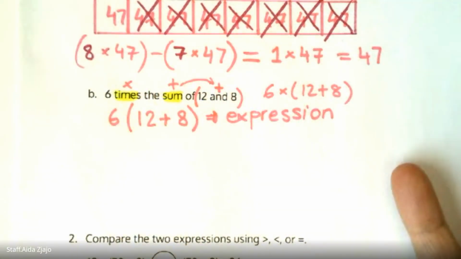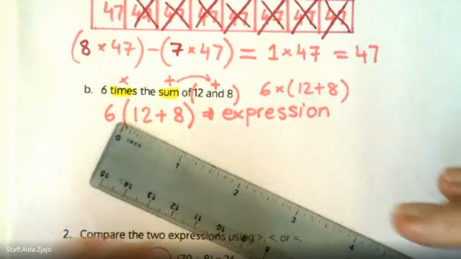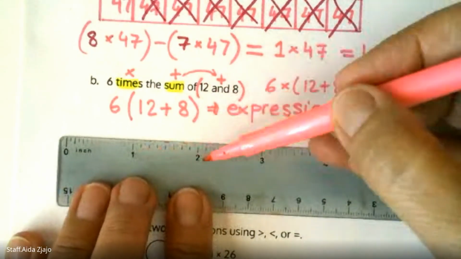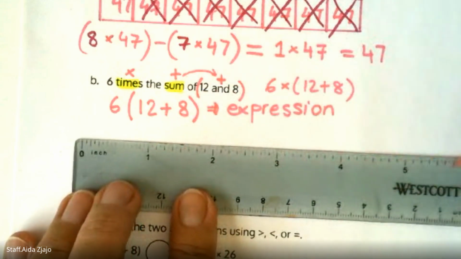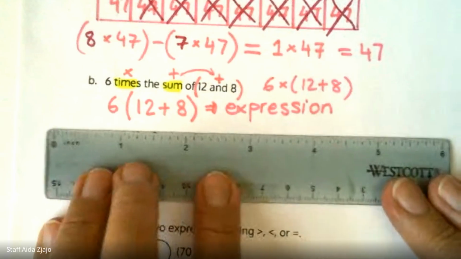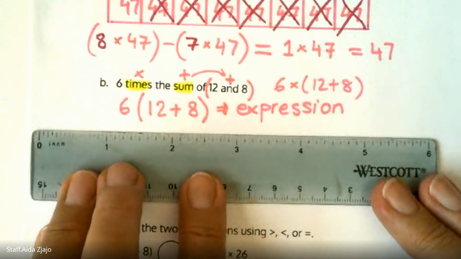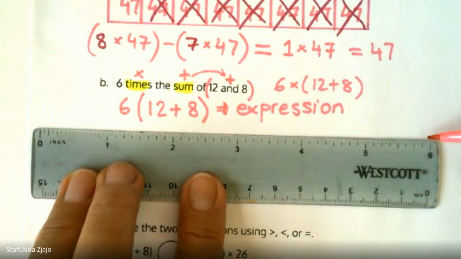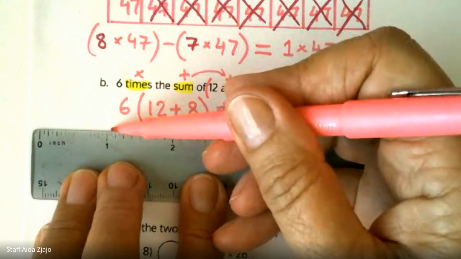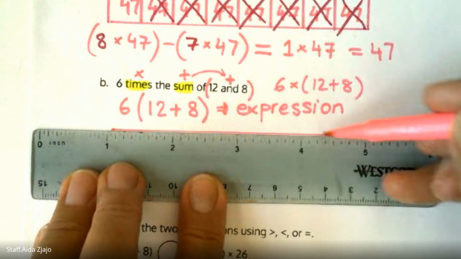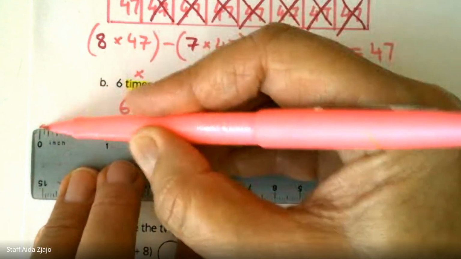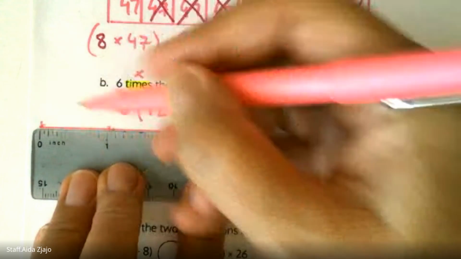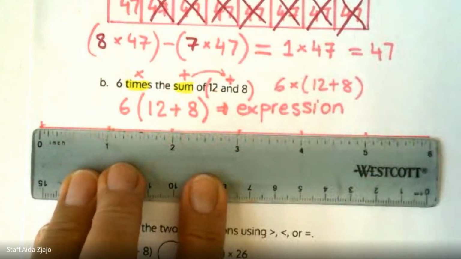So you can make 6 of these, let's make 1, 2, 3, 4, 5, 6. It would be a lot, but that's okay. And then this one here, 1, 2, 3, 4, 5, 6.